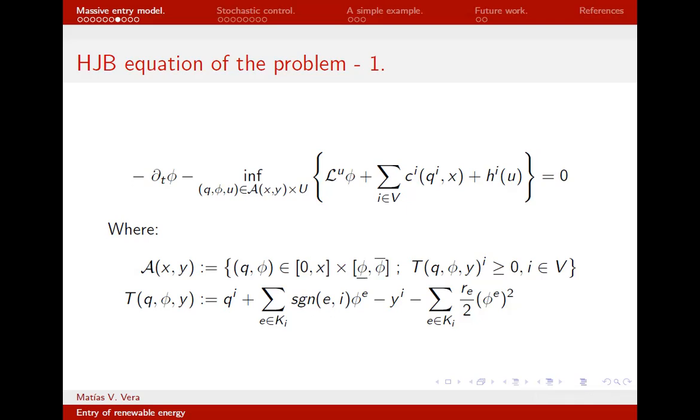So with this Hamilton-Jacobi equation, we can see that this does not depend on the control variable, and this does not depend on the other variables. So we can separate it. And if we separate it, we have an infimum of a sum of cost, which is basically the day ahead problem.